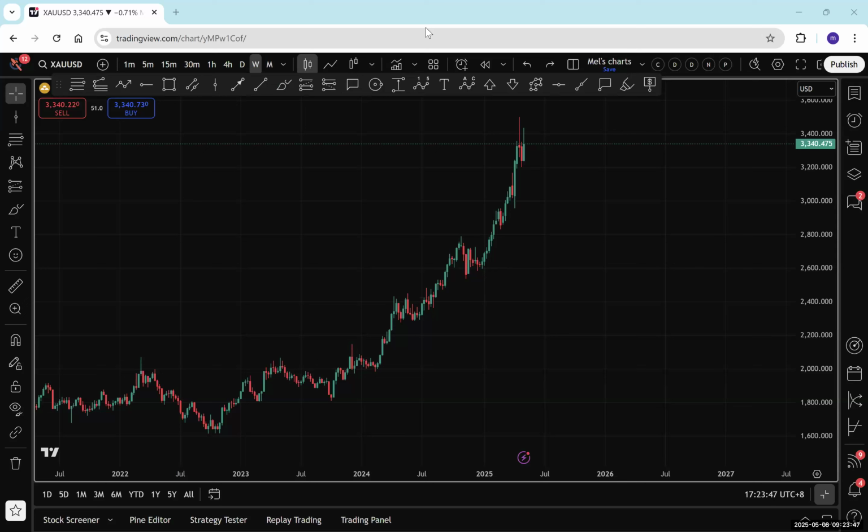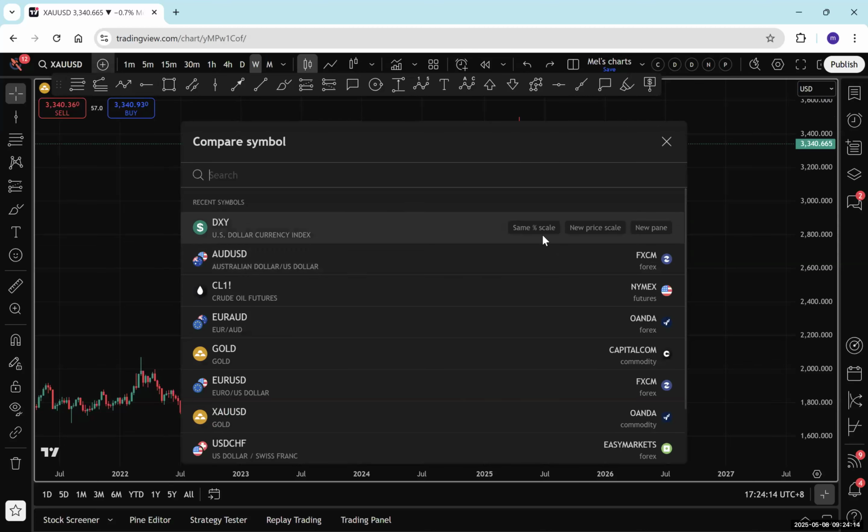Yep, so that's why I said oftentimes DXY and gold are inversely correlated simply because they're both seen as safe haven assets, and also gold is cheaper to buy if USD is dropping, right? But there are, like you mentioned, times when DXY goes up and gold also goes up. So maybe let me pull out DXY and we can see.